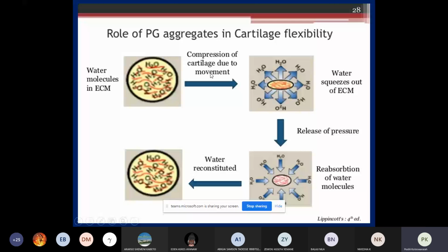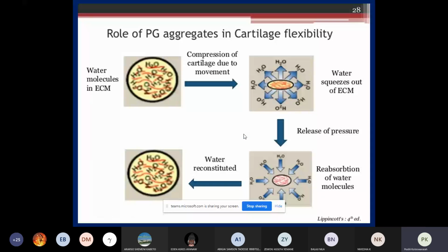When the compression is removed, the glycosaminoglycan retains its original hydrated volume, and this property provides the viscoelastic and load bearing capacity to the cartilage, because these glycosaminoglycans are also present in the cartilage.